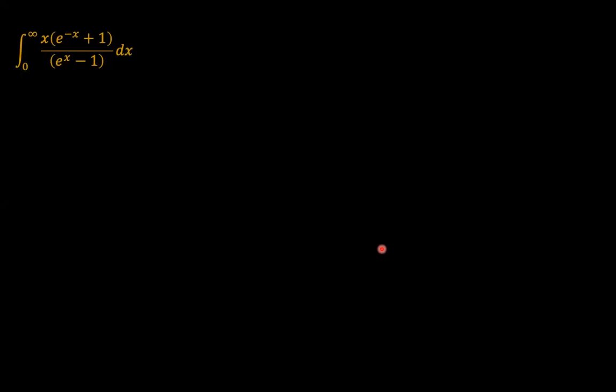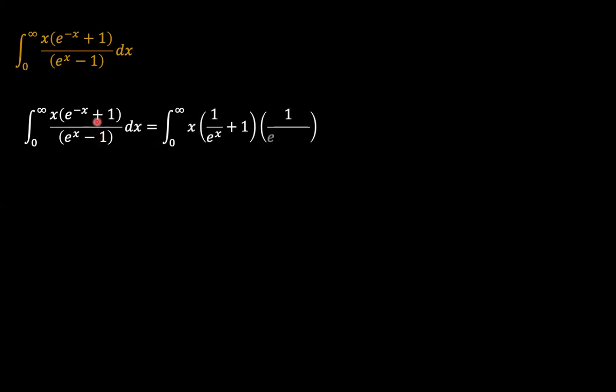I chose to make both of them positive, and I went about doing that by separating the numerator and the denominator of this exponential function. So the e to the power negative x part is the same as 1 over e to the power x, plus 1 times its component, which is now 1 over e to the power x minus 1.